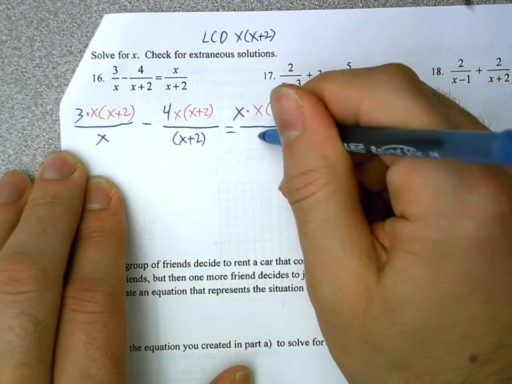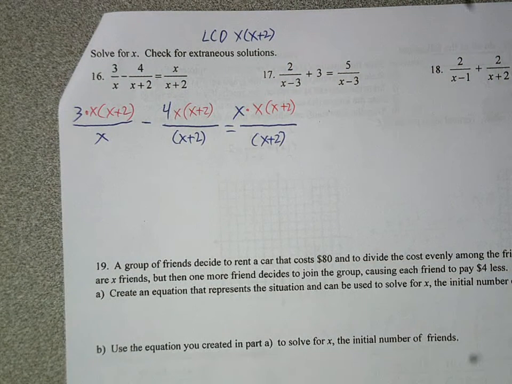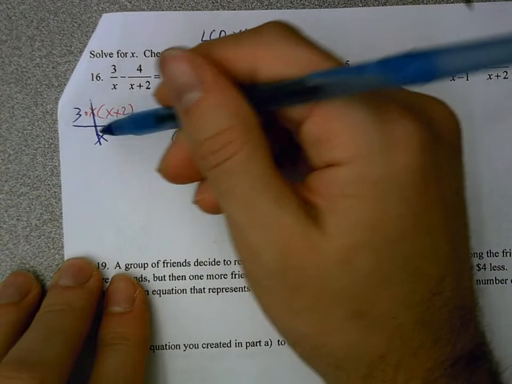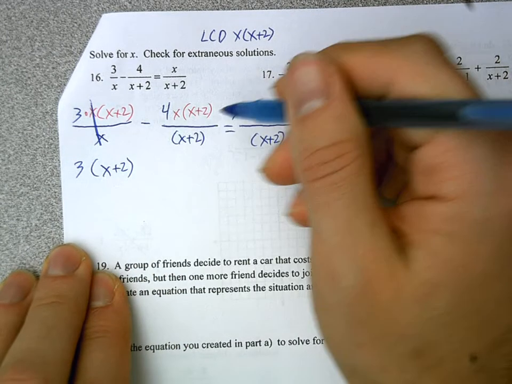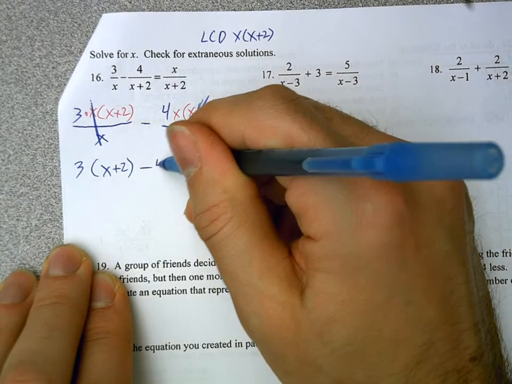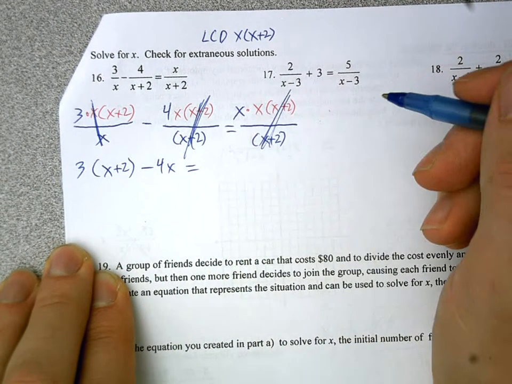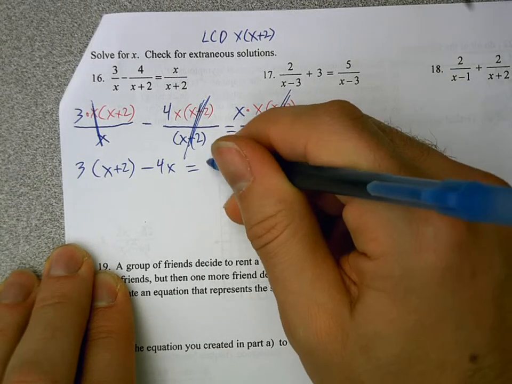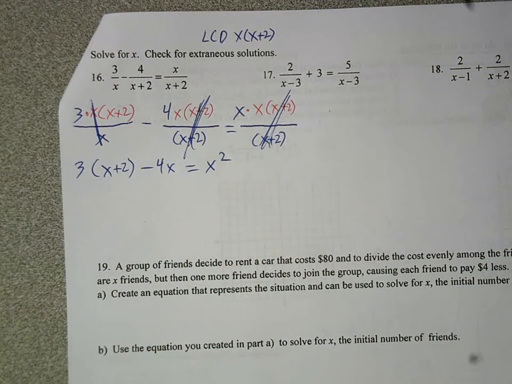And then I have lots of reducing, lots of simplifying. X is here, leaving me with just 3 times x plus 2. X plus 2 is reduced there. Left with just negative 4x. X plus 2 is reduced here. I'm left with just x times x, or x squared. No fractions.